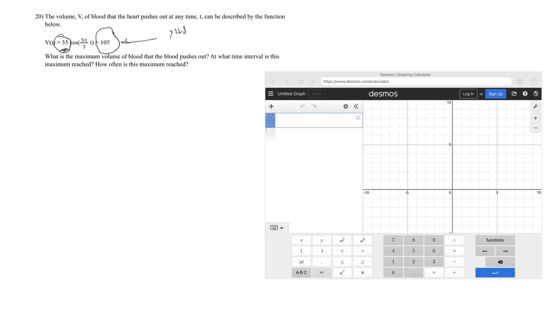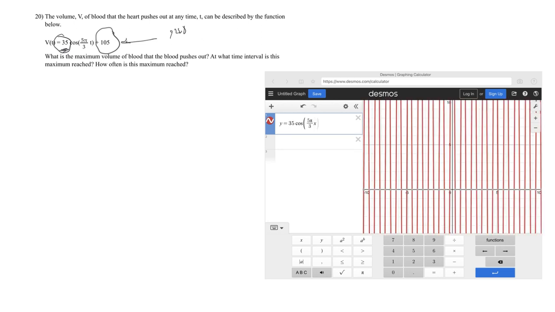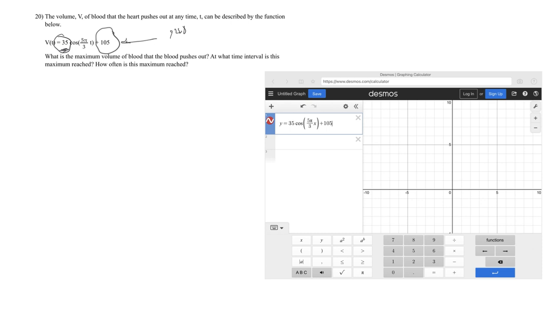here's my decimals, and I'm going to type y instead of V of t. Y equals 35 cos in brackets 5 pi over 3 x, and then close my bracket and go plus 105.